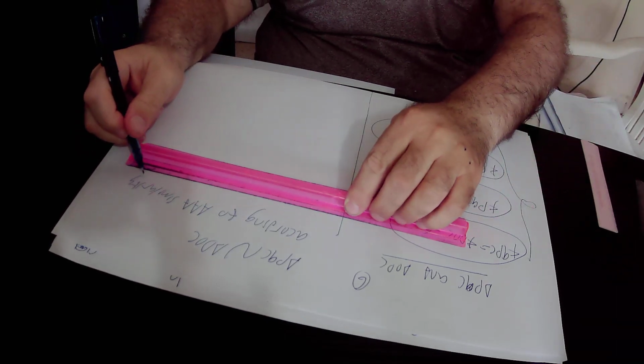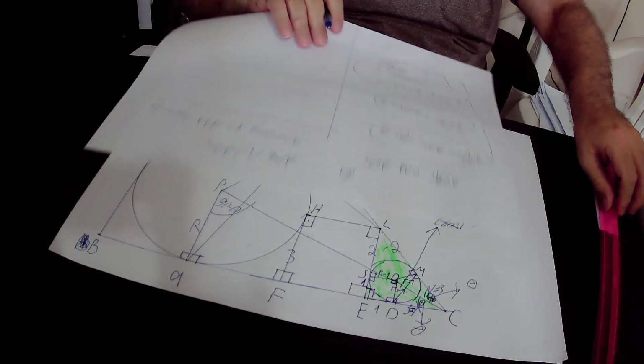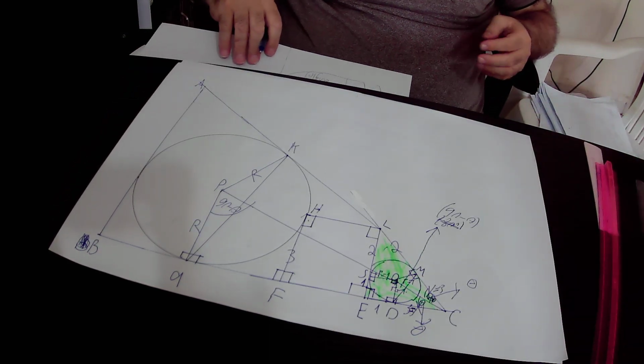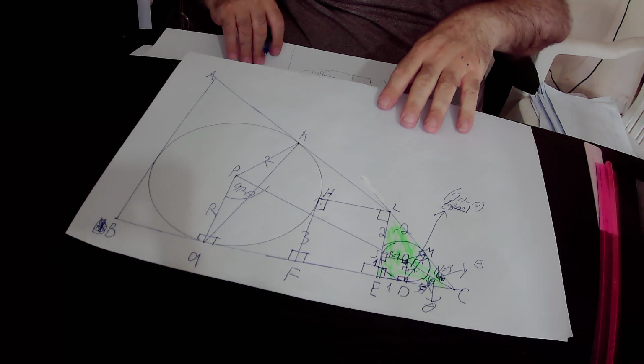And from the fact that the two right triangles are similar to each other, we derive that the following relationship exists between their sides.